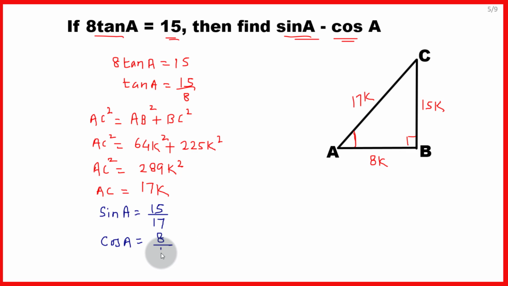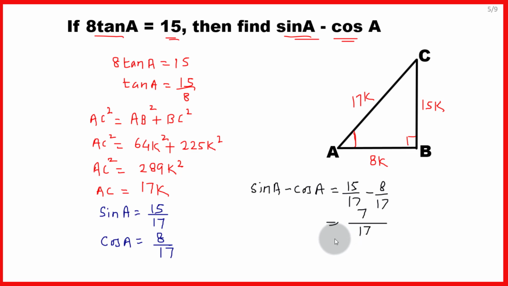And therefore sine A minus cos A is equal to 15 by 17 minus 8 by 17. So 17 will be the common denominator, and so 15 minus 8, that will be 7, which is equal to 7 upon 17.